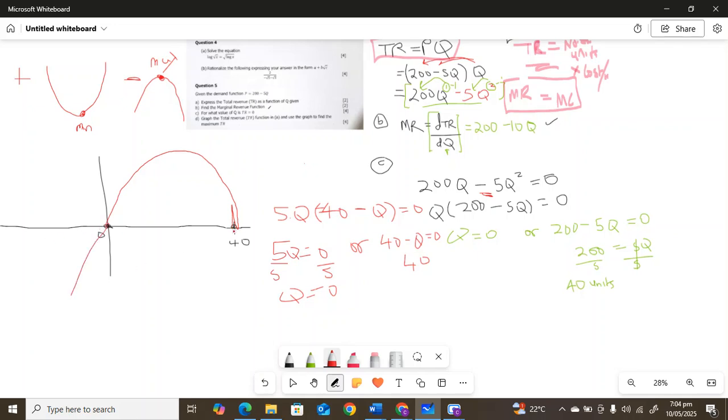But we need to find what this point is here. We need to find the coordinates for this point here, the top point. And how do we get the coordinates?